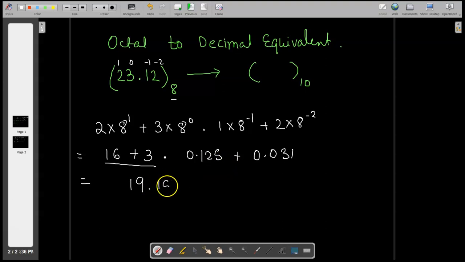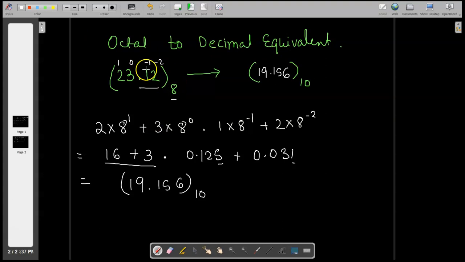So the decimal equivalent of 23.12 is 19.156. We can also see that here we have only up to 2 decimal places, so here also we can keep up to 2 decimal places.